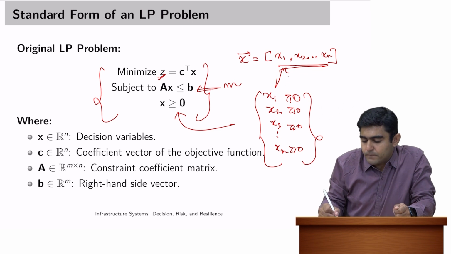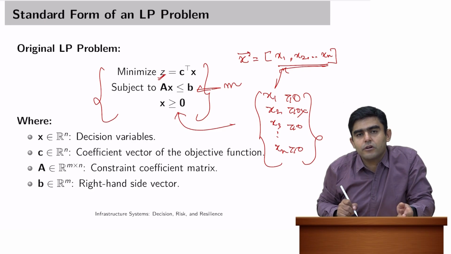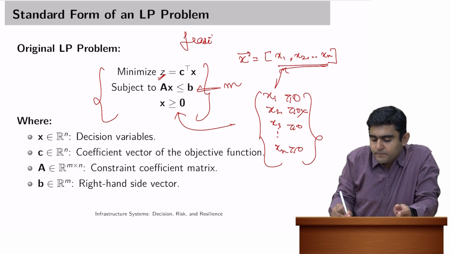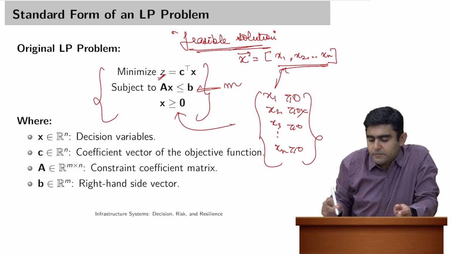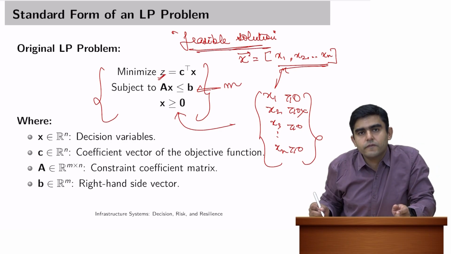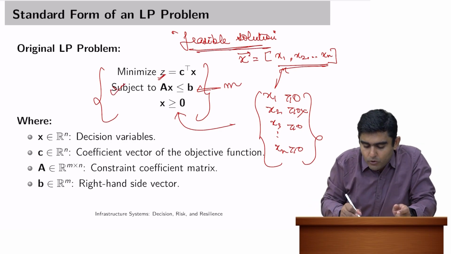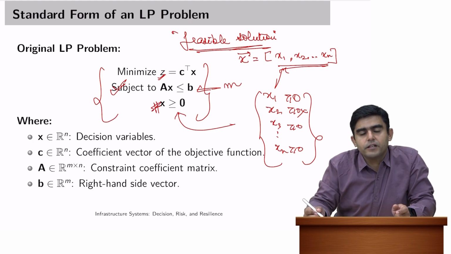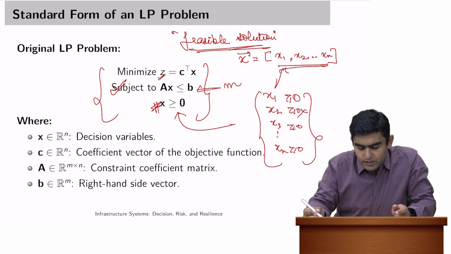If this constraint is violated, then our solution is not going to be feasible. We will be using this word feasible solution quite a lot in simplex problems. A feasible solution is essentially those values of x that satisfy all the constraints while ensuring that none of them has a value less than 0.